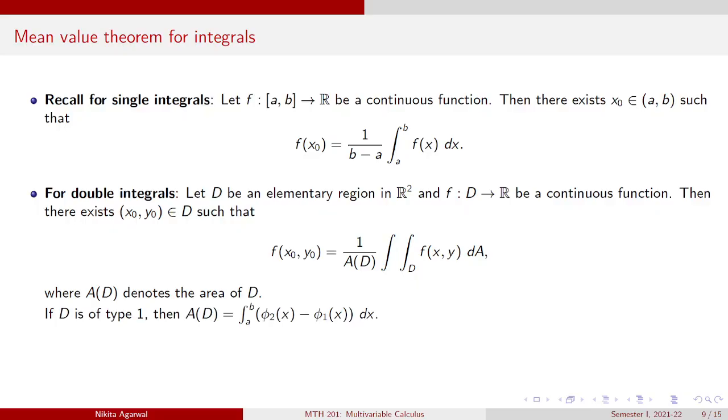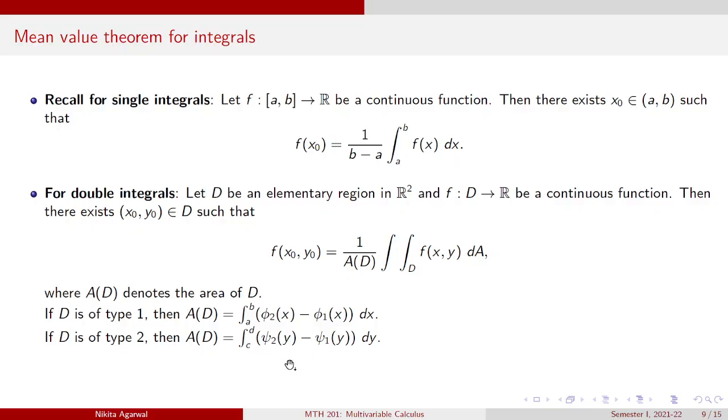So how do you compute area of D? If D is a type 1 region, then its area is nothing but, now x goes from a to b and y goes from phi 1(x) to phi 2(x), right? So this is the area. If D is of type 2, then y goes from c to d and x goes from psi 1(y) to psi 2(y).